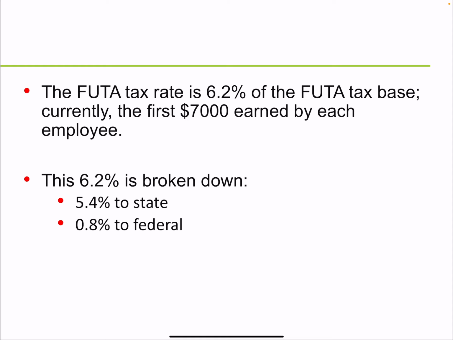Employers can generally deduct from federal unemployment payments the amount they pay to the state unemployment program. So if they pay the state unemployment program 5.4%, 6.2 minus 5.4, 0.8% will go to the federal government. So the 6.2% is broken down into state and federal.